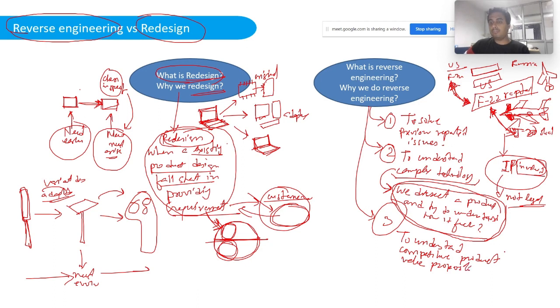So if you are a new, for example, washing machine company, and you buy products from LG, Samsung, and try using them and understand how they function, then you try to take some of their good things and incorporate them in your device. This is to understand the competitive product value proposition. This is again legal if there is no IP involved with it. Okay.